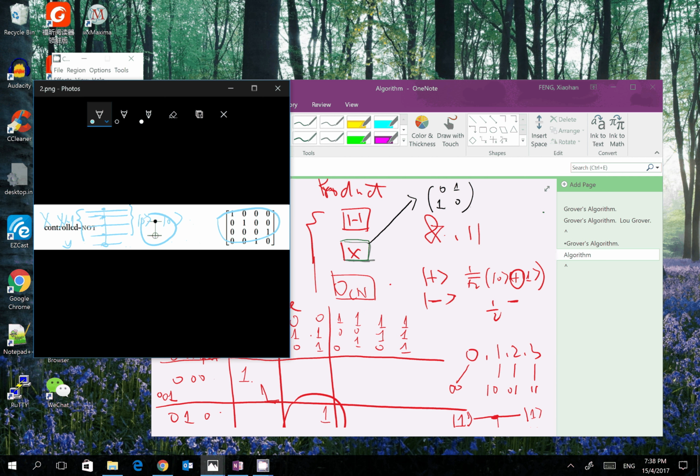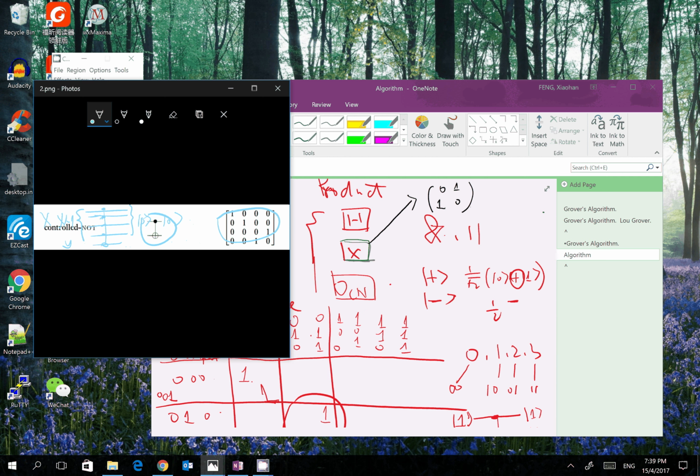Note that in the generalized situation, if n-1 qubits control the last qubit, we shall have a 2 to the n by 2 to the n size matrix to represent the control NOT gate.